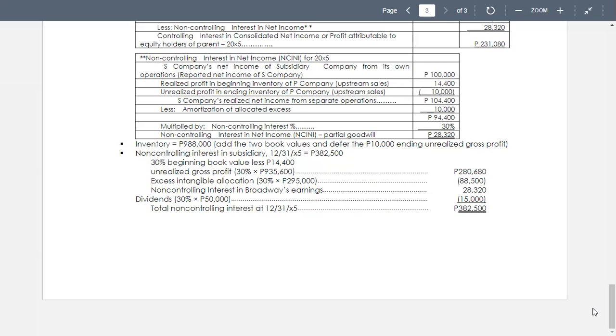Then we deduct intercompany sales revenue in the amount of 110,000, and add unrealized profit taken out of inventory.